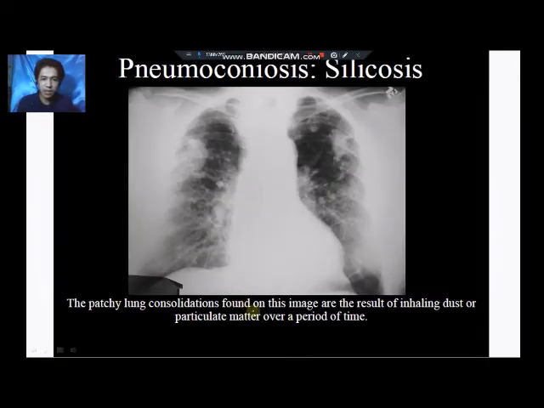Patchy lung consolidations found in this image are a result of inhaling dust or particulate matter over a period of time. If you have inhaled dust or materials that can cause pneumoconiosis, it will show up in your lungs. It is a condition that results from being exposed to dust or particulate materials that you inhale for long periods of time.